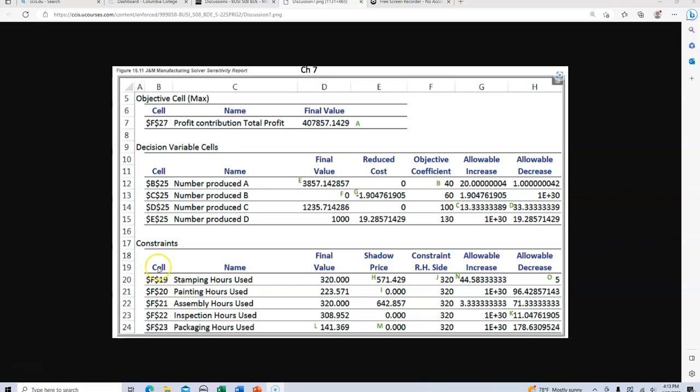What I thought I would do is take a look at row 20. I'm going to talk about everything in the row, but this will cover letters H, J, N, and O. And the first thing I want to say before I get into this is that sometimes I see students have a little bit of trouble understanding that when we talk about allowable increase and allowable decrease in the portion of the sensitivity report that deals with decision variables, the applications here are a little bit different than they are down here in the constraint section of the sensitivity report.